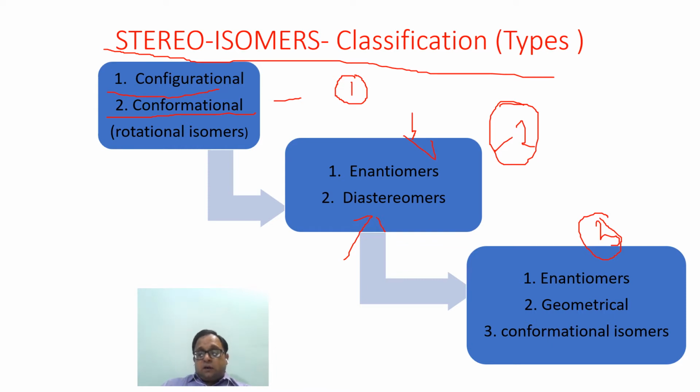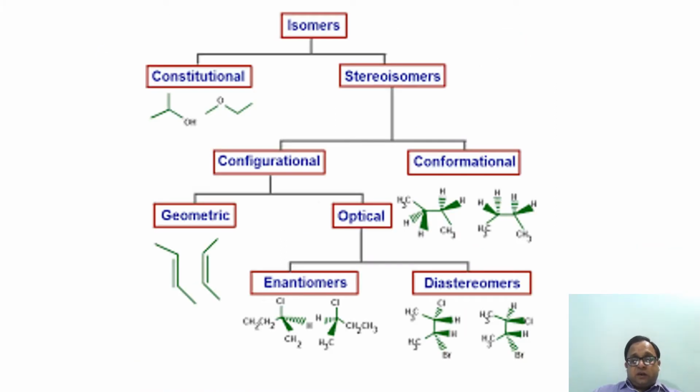On the other hand, the third system says to classify stereoisomers in three categories: enantiomers, geometrical isomers, and conformational isomers. So these are the three different views regarding the classification of stereoisomers. On this basis, I classified stereoisomers in these classes.